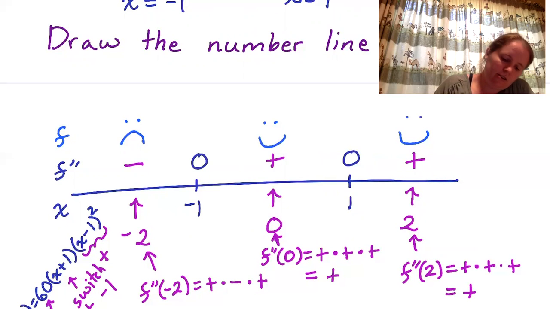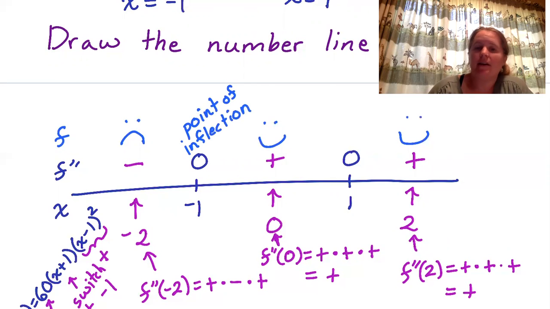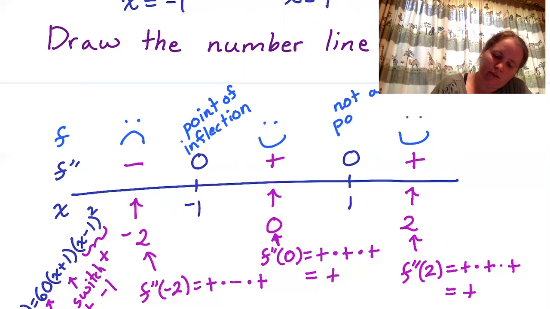So we change concavity at negative 1, so we'll have a point of inflection. At 1, we don't change concavity, so there's no point of inflection. So this is not a point of inflection.